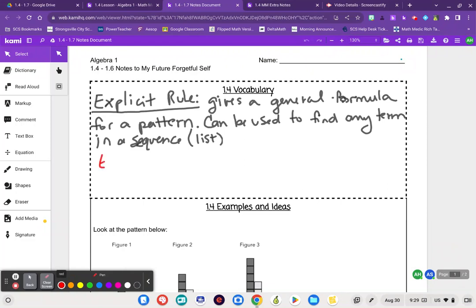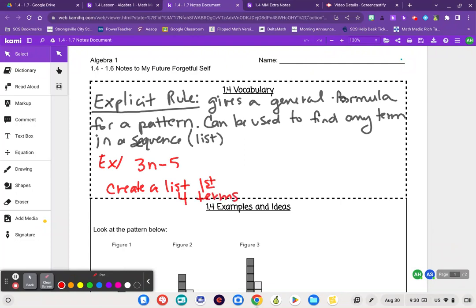Okay, so for example, if I tell you that I have the general rule 3n minus 5, and I say create a list of the first 4 terms, that's what I want to do.